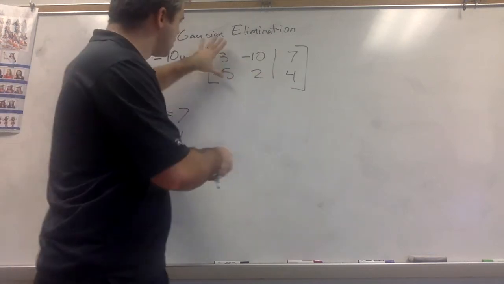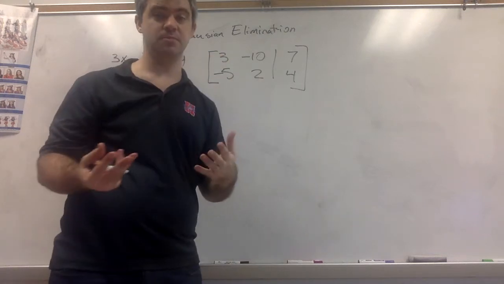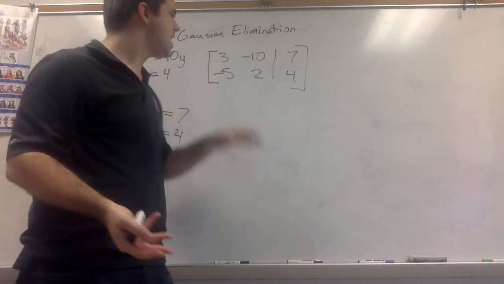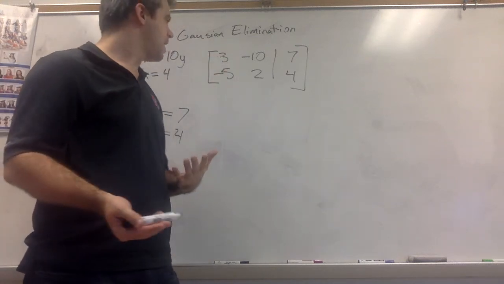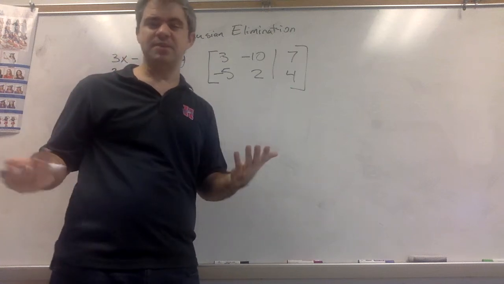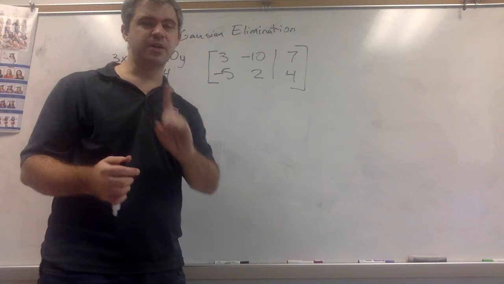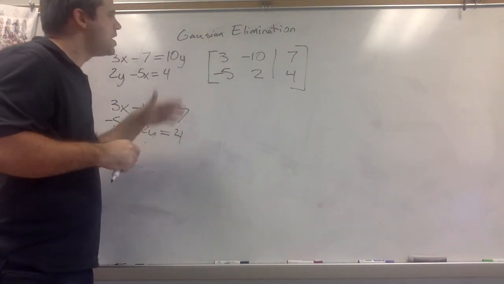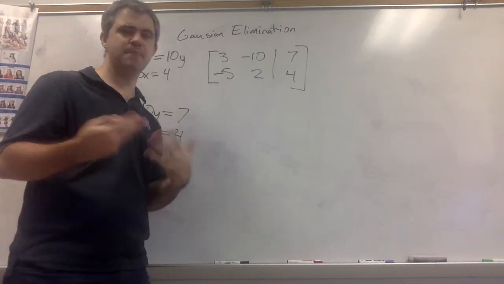So even if we had a whole bunch of rows, the first non-zero coefficients are going to be 1s, and everything below a 1 has to be a 0. It may not make sense why we want a 1 here and zeros in front, but you'll see why in just a moment.